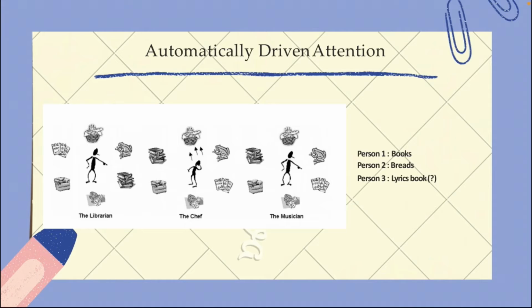The third, the musician, was pointing at something not very clear, but I'm sure it was related to music, perhaps a lyric book or music notes. Because of the diversity of backgrounds, the results of these observations varied because of their diverse habits.